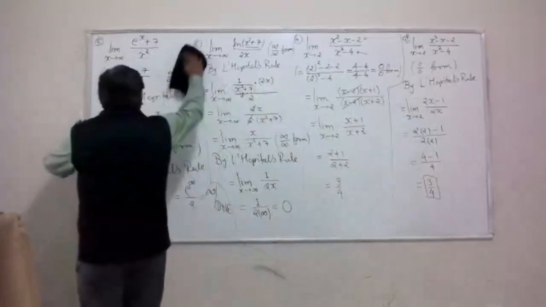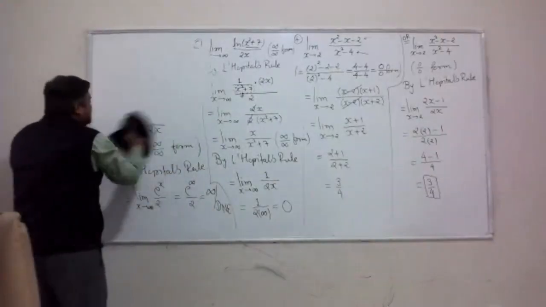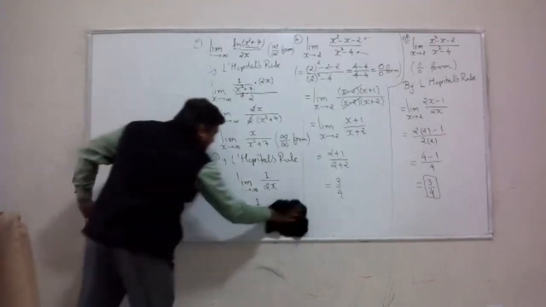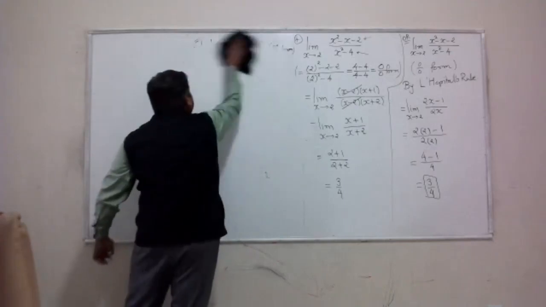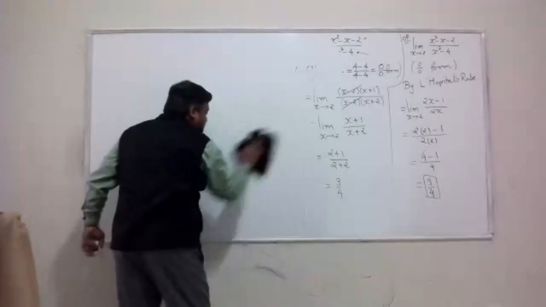Remember, what do we mean by function being continuous? Well, the function is continuous if limit prediction matches with the exact value of the function at that particular input.